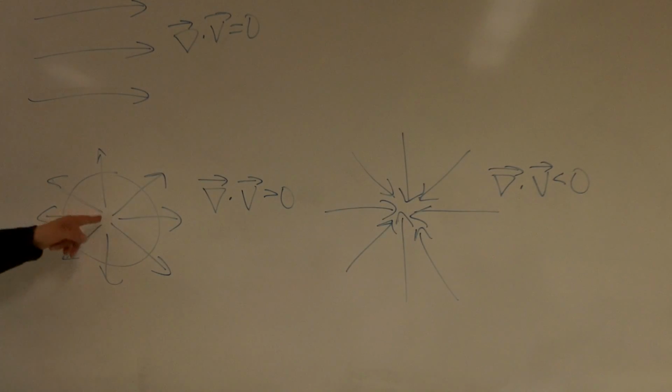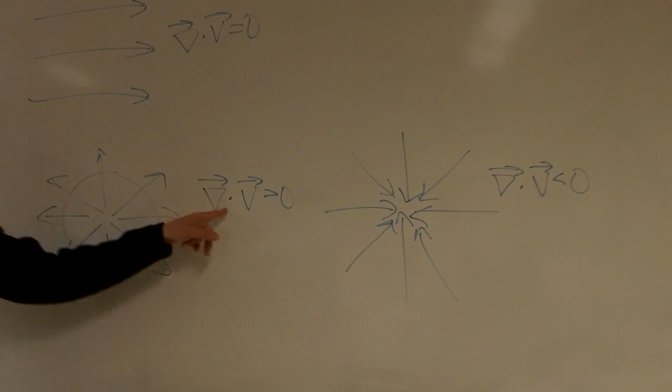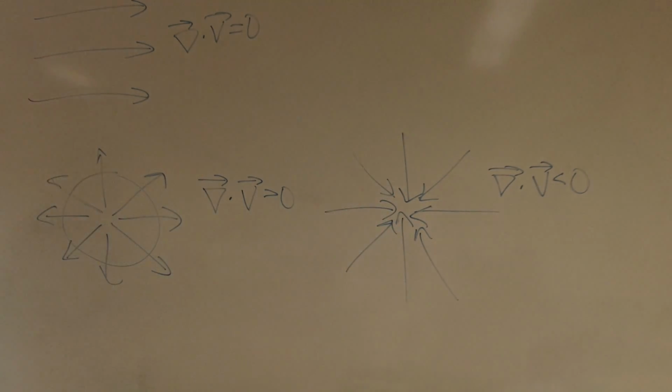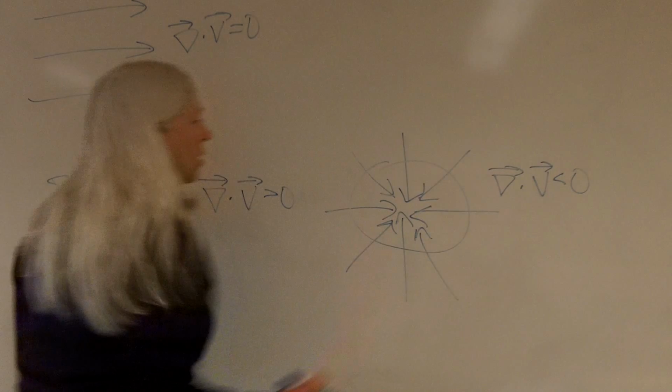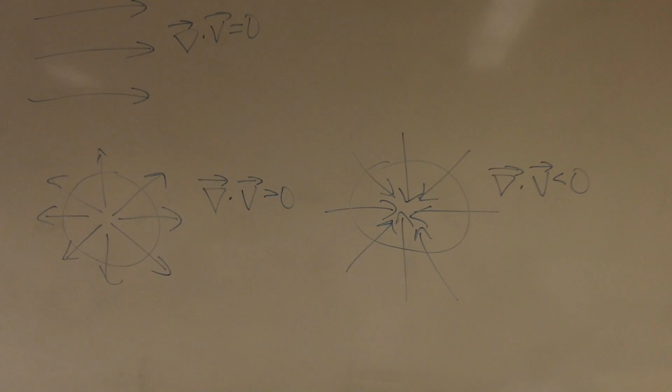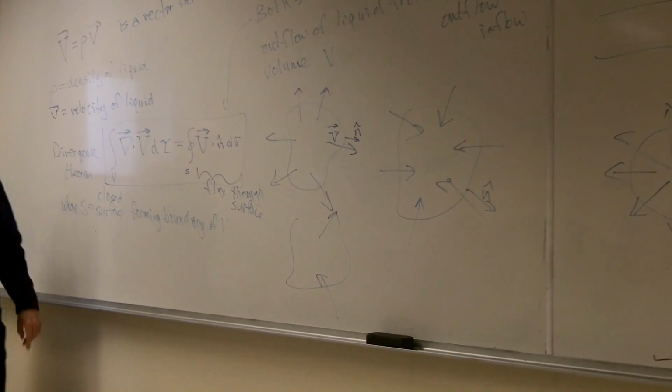So if the lines diverge from this point, it's positive divergence. If they converge at this point, the divergence is negative. And again, if we put some sort of surface around this, it would correspond to a net inflow through the surface. In other words, the flux integral would be negative, but then so would this integral be negative.